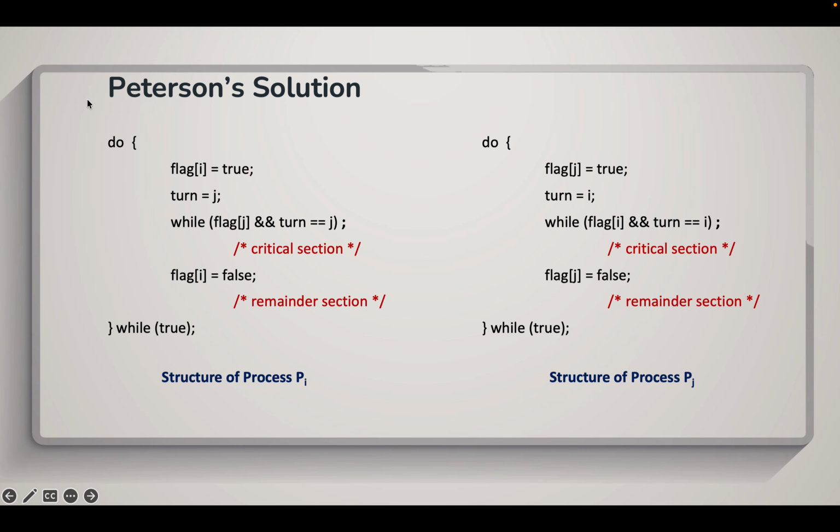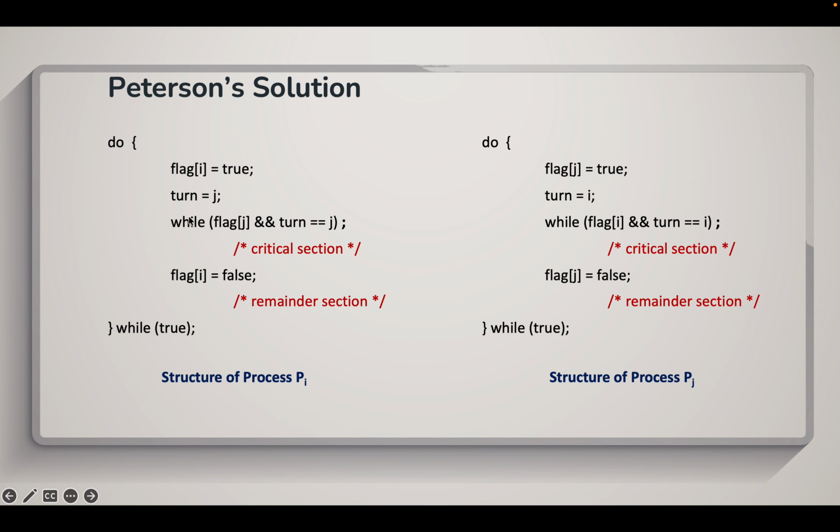And this is the solution. The left side is process PI and the right side is process PJ. See here, PI sets the flag as true, ready to execute in its critical section, and sets turn equal to J, which allows the jth process to enter its critical section.